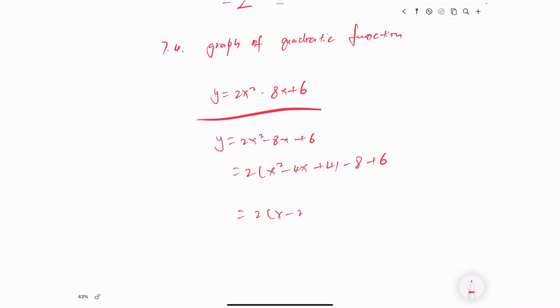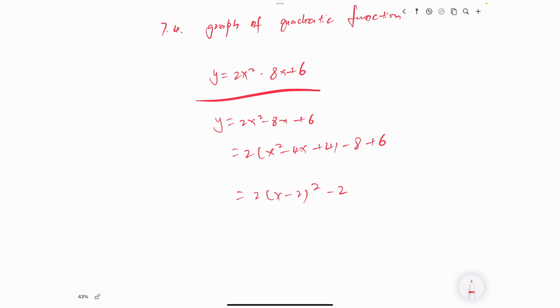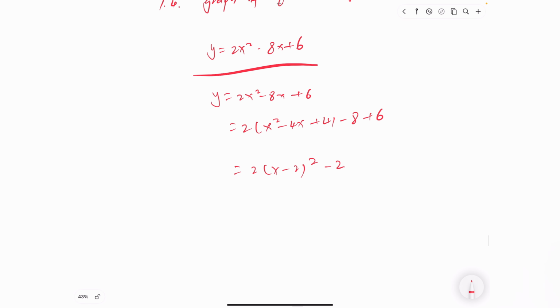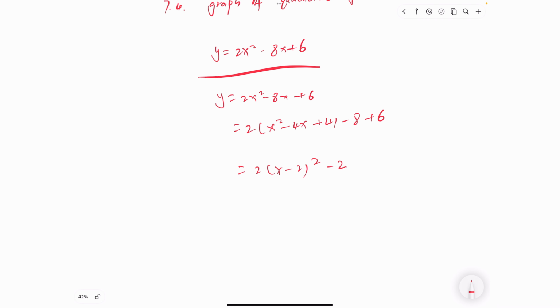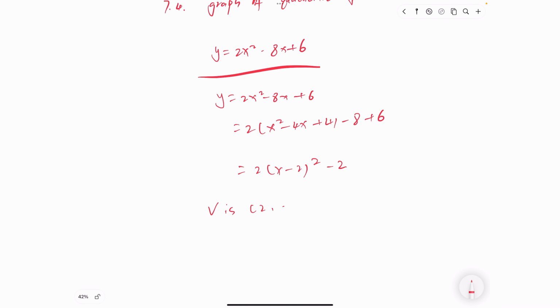So it's 2 times x minus 2, the whole thing squared, minus 2. So we know the vertex is 2, negative 2.